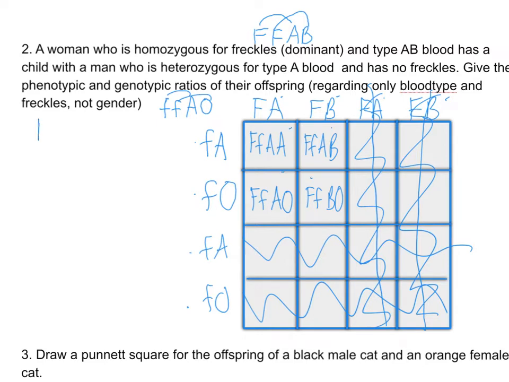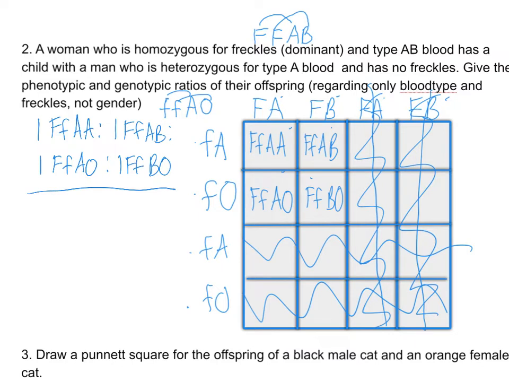So we have 1 big F, little f, A, A; 1 big F, little f, A, B; 1 big F, little f, A, O; 1 big F, little f, B, O. So those are the genotypes.